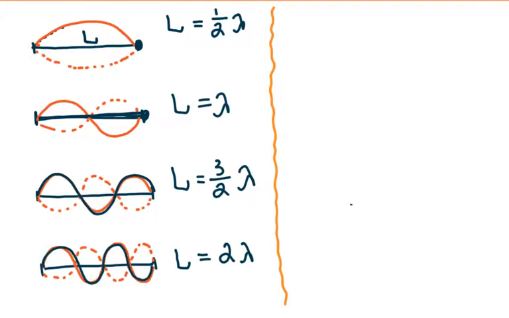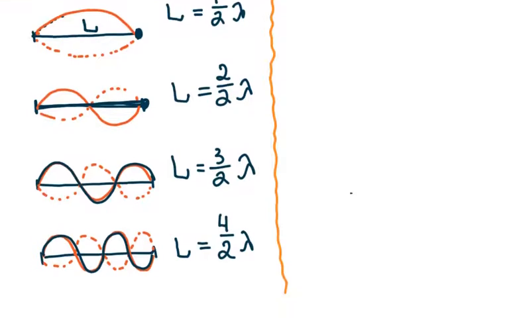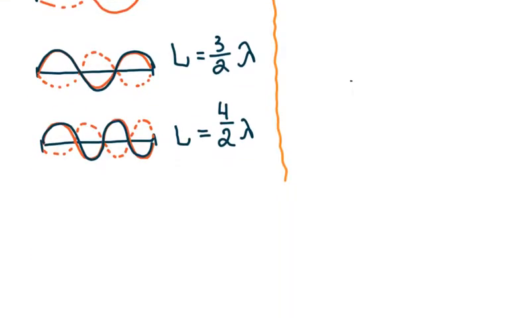So I want to also show you something interesting here. Instead of writing lambda, in this case, I'm going to write 2 over 2 lambda. And instead of writing 2 over here, I'm going to write 4 over 2 lambda. So what's interesting in here is this. I can continue making my examples, but I see a pattern.